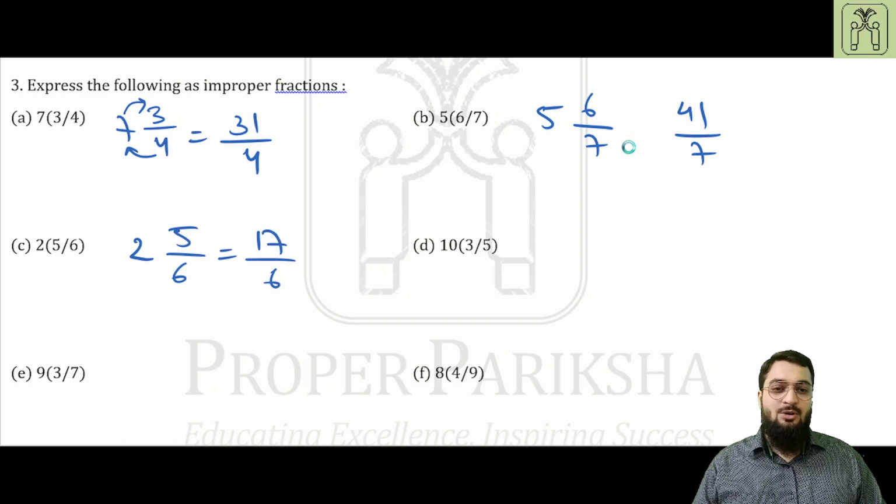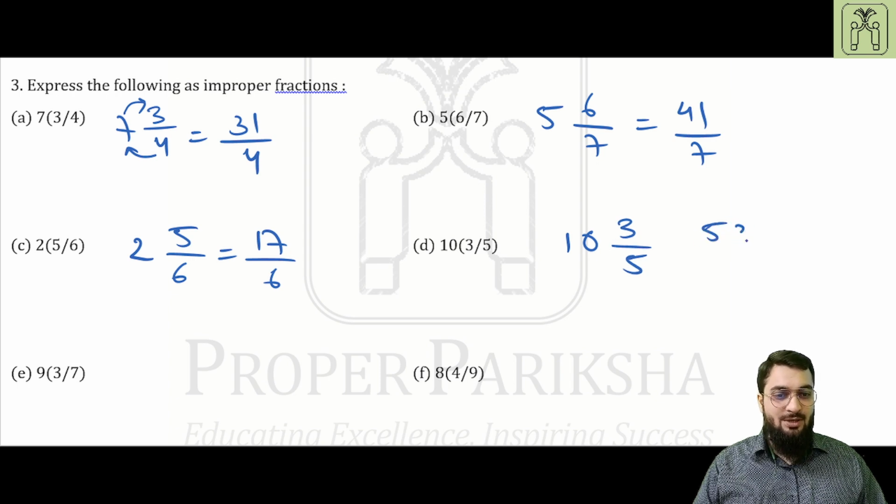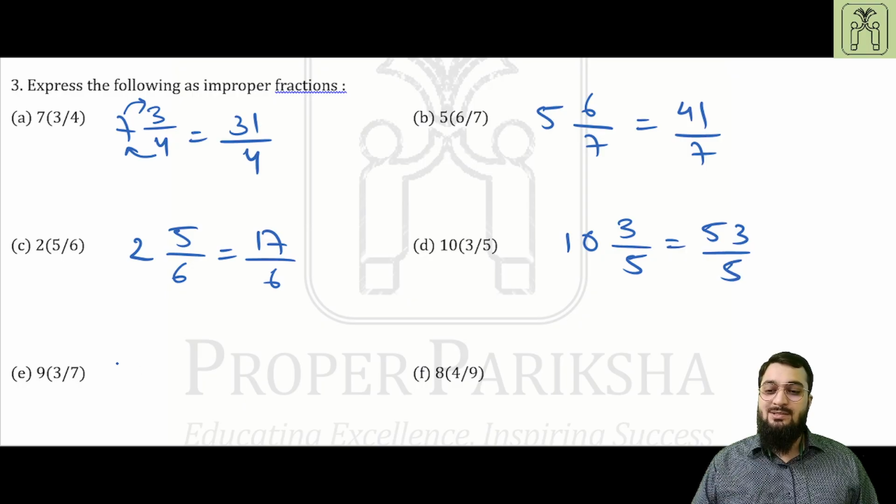Do not forget to write an equal to sign between them, so that it is signified that they are equal to each other. So 10 3 upon 5, this is not 16, this is 10 3 upon 5, and 10 5s are 50, 53 upon 5. 9 3 by 7 will be 9 3 by 7, and that is 9 sevens are 63.